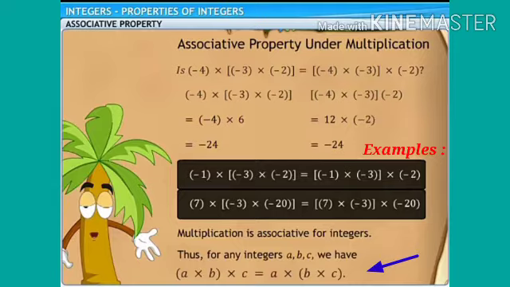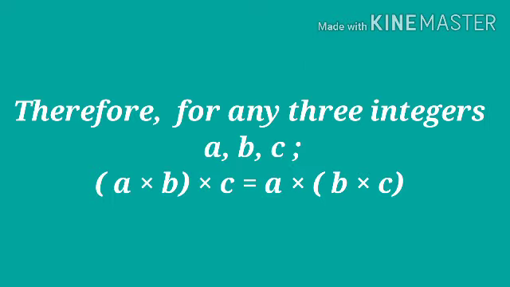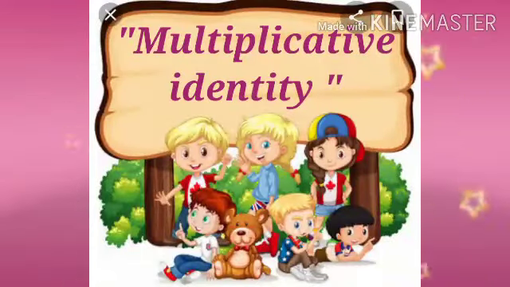Yes, the expressions are equal. Hence, associative property is true for multiplication of integers. Therefore, for any three integers a, b and c, a into b into c is equal to a into b into c.